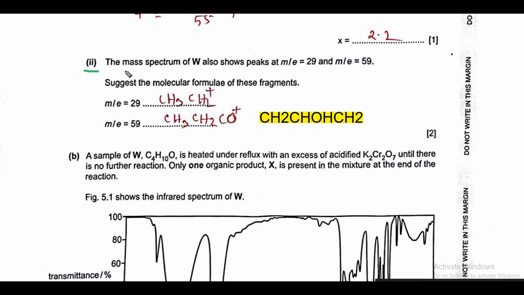Now number 2, the mass spectrum of W also shows peaks at m/e 29 and m/e 59. Suggest the molecular formula of these fragments. W is C4H10O, this is CH3 CHOH CH2 CH3.